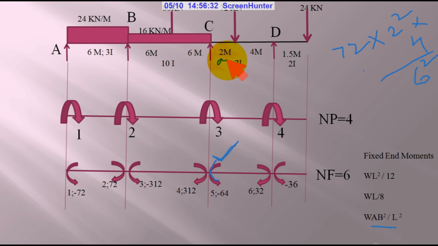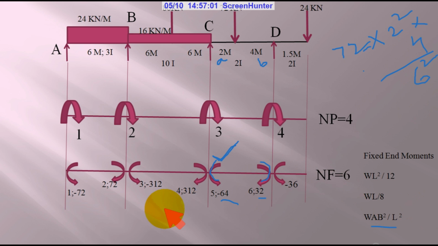I am abbreviating A equal to 2 meters, B equal to 4 meters. And we are showing here minus 64. When you have to calculate this fixed end moment at this end, at D, then you should calculate like this: W A square B upon L square. So you will get plus 32.